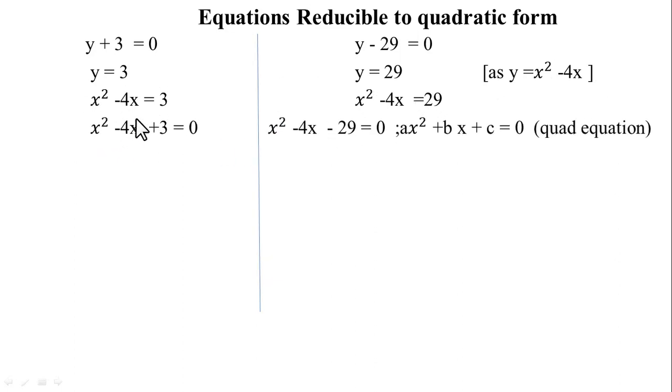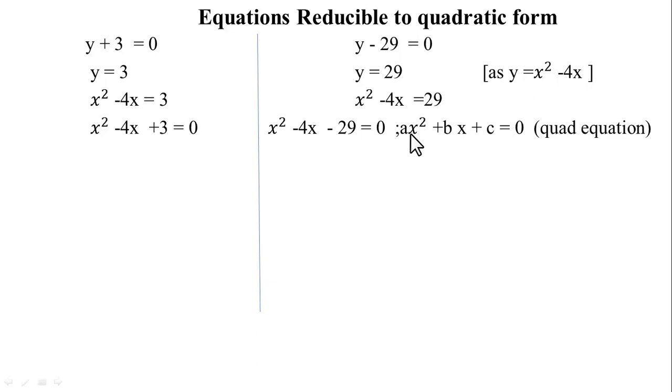After that, we arrange these equations in quadratic form: x square minus 4x plus 3 is equal to 0 and x square minus 4x minus 29 is equal to 0. The first equation can be solved by midterm breaking, but for the second, midterm breaking is not possible, so we use the quadratic formula.